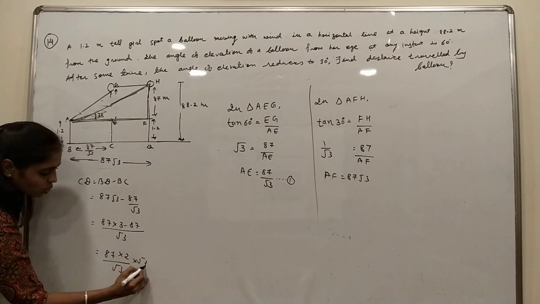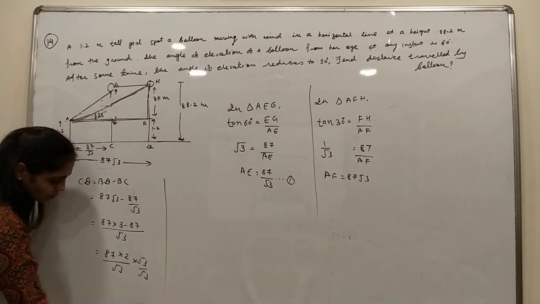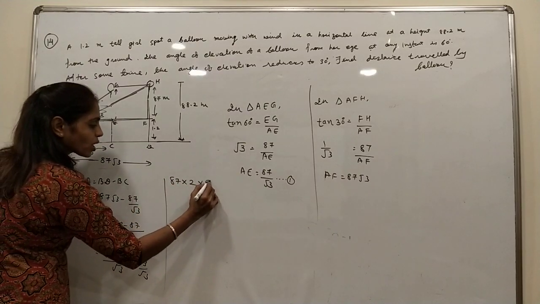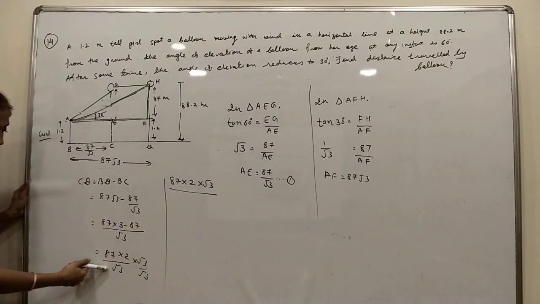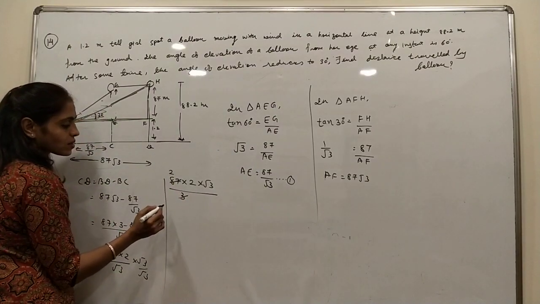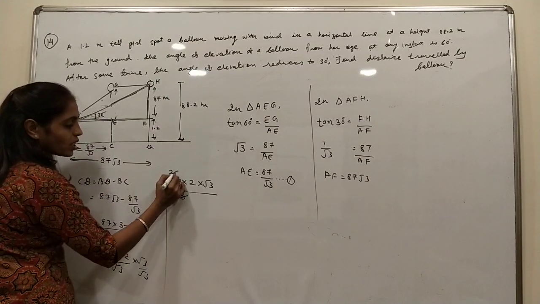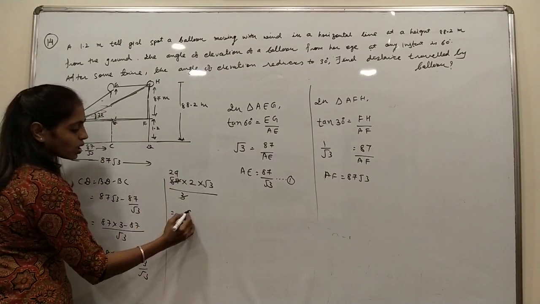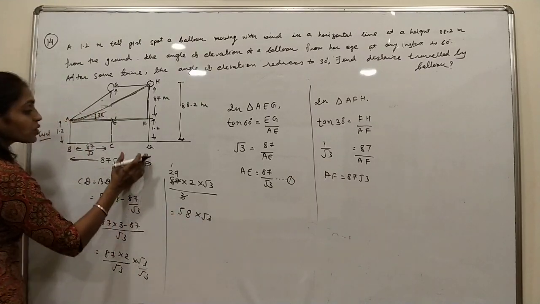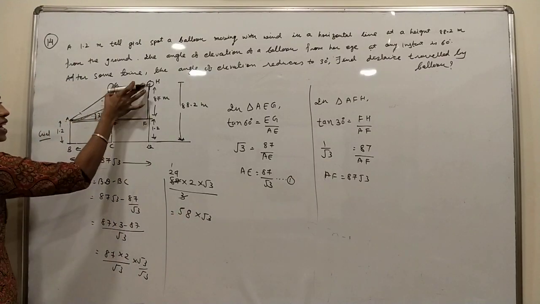Now rationalize with √3. 87 into 2 into √3 over 3, which gives 58 into √3. 58√3, that is CD, and that is GH.